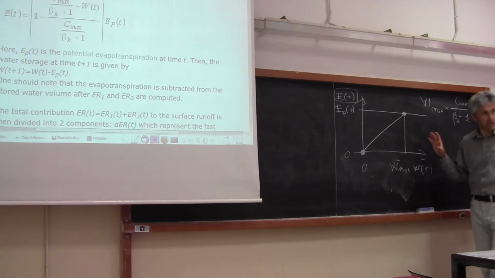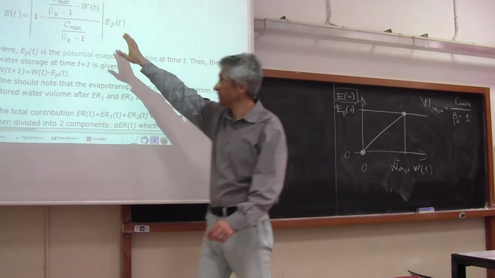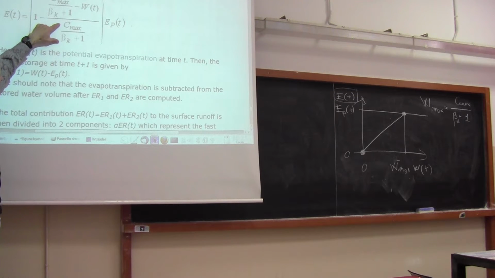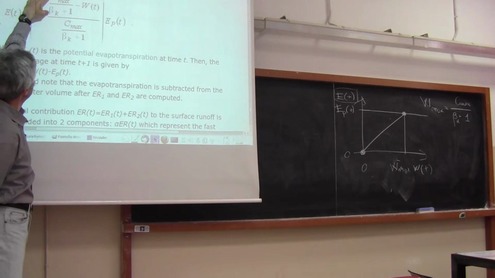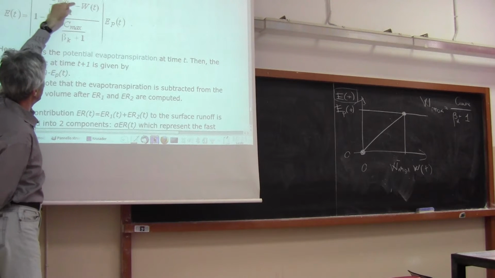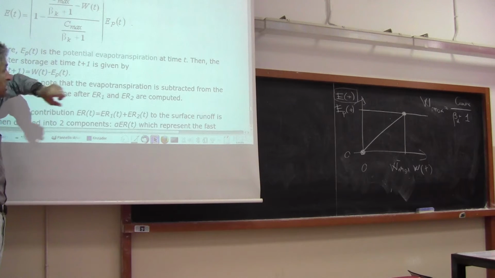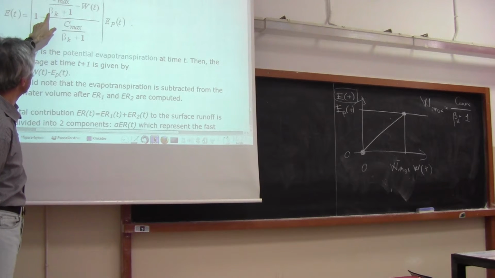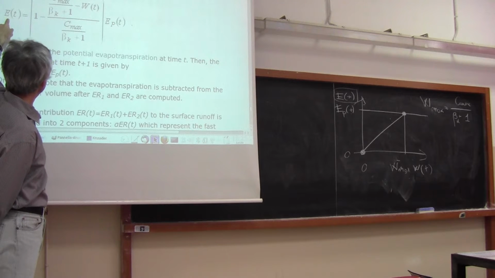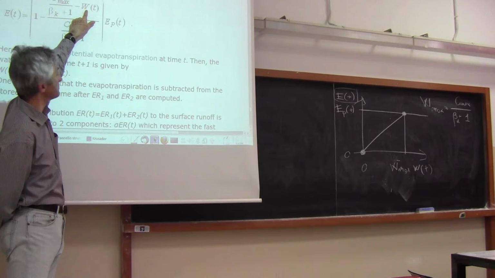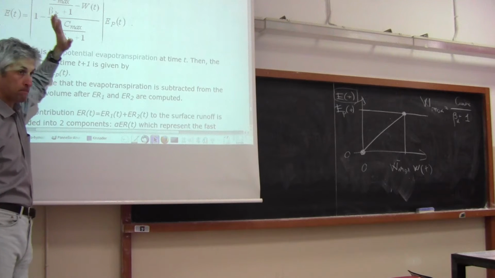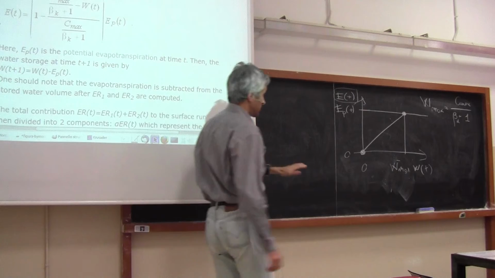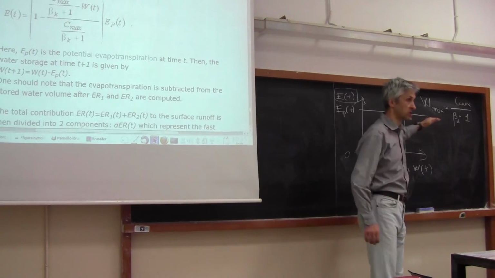And this relationship is translated in analytical terms here. Look, here we have W max at the denominator, and at the numerator we have the difference between W max minus WT. Now let's see if, first of all, this is linear. It is linear because ET is a linear function of W. Given that it's linear, let's see if it meets these two constraints.